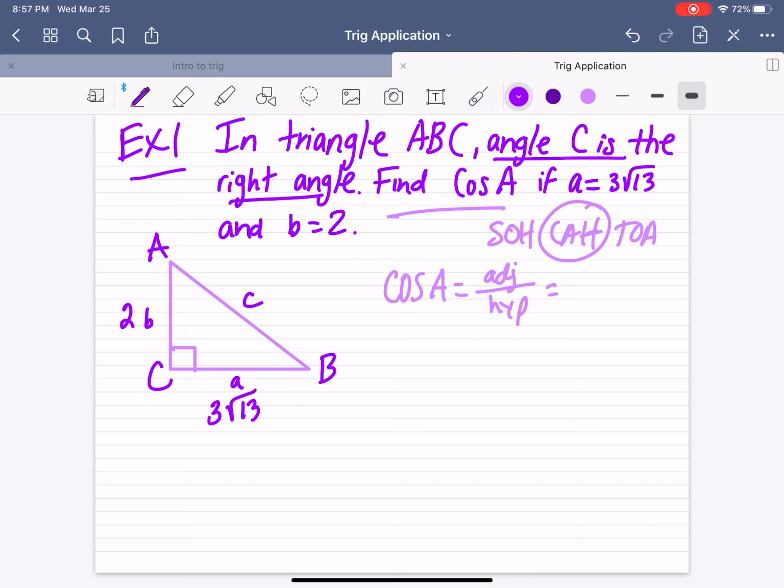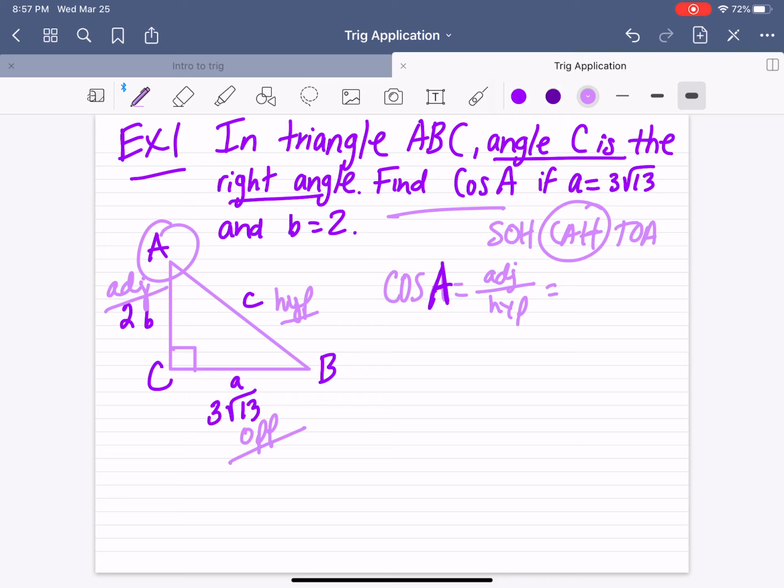So the angle that we are using is angle A. So let's label our sides using angle A. So again, I'm keeping angle A in mind, so let's label our sides. The side right across from angle A is the opposite. The side right next to angle A is the adjacent. So notice that we are missing the hypotenuse. So the cosine of angle A, like I said earlier, is adjacent over hypotenuse.